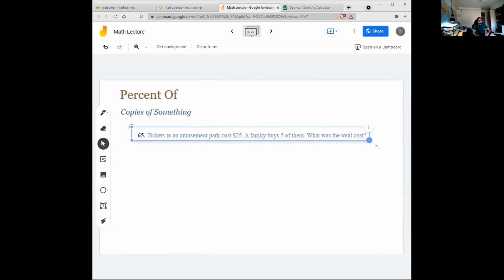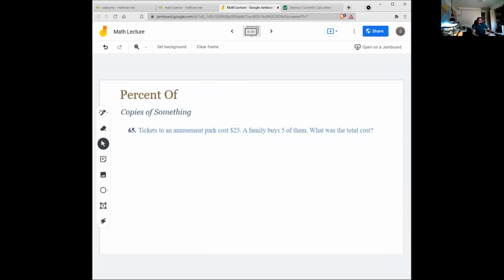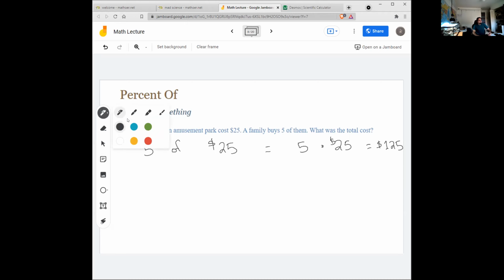If somebody says tickets to an amusement park cost $25, a family buys 5 of them, then I'll take 25 and I'll say 5 copies of 25 is 5 times 25, get 125. So the fact that of means multiply is something you've seen before.